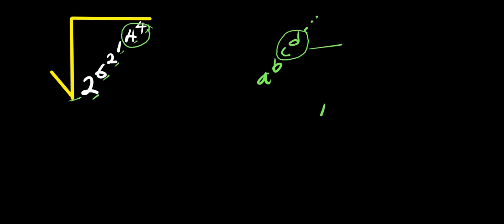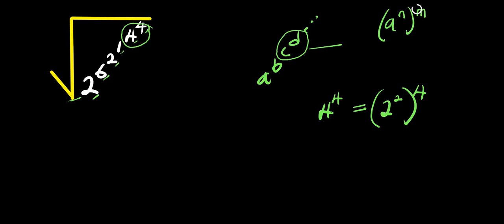So we consider 4 to the power of 4, and this equals, remember 4 is a perfect square, which is 2 to the power of 2, and this is raised to the power of 4. So you have a to the power of n, and this is raised to the power of m. This equals a power n times m.